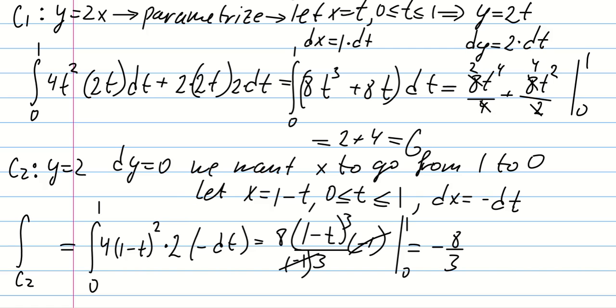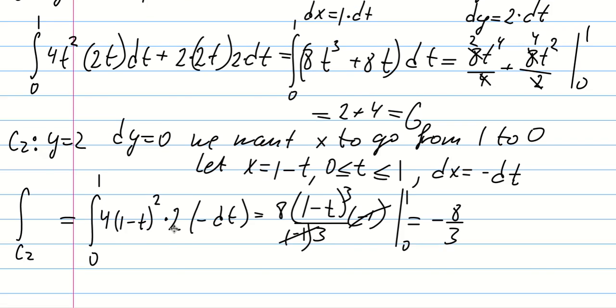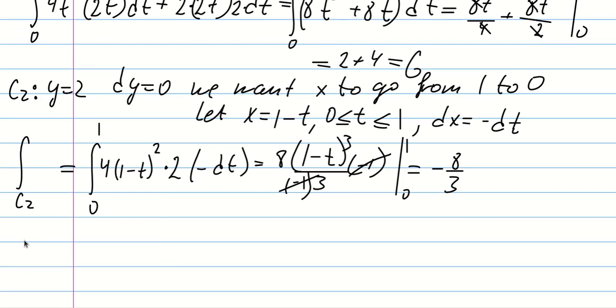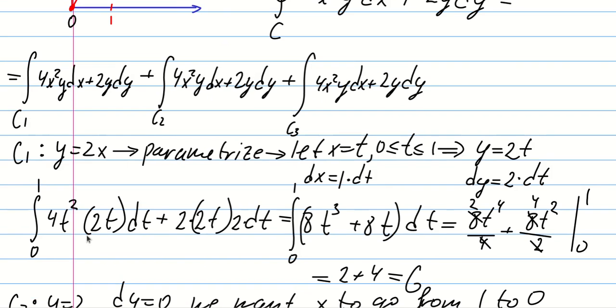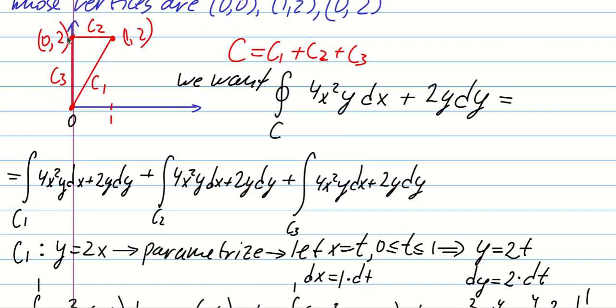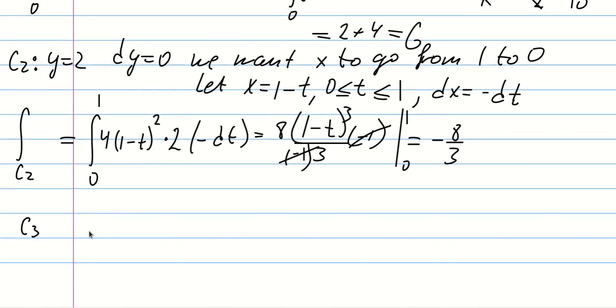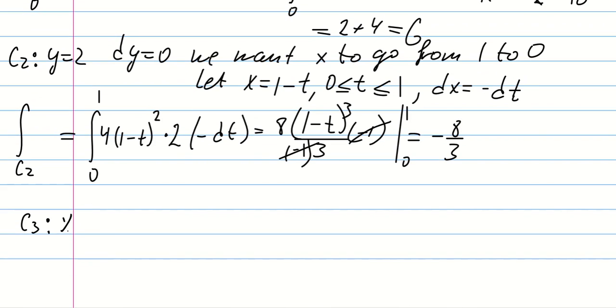All right, so the last thing left is to calculate the integral over C3. So for C3, let's go back to this picture. We need to use this line where x is equal to 0. So x is equal to 0 for C3. But if x is equal to 0, that implies that dx is also equal to 0.